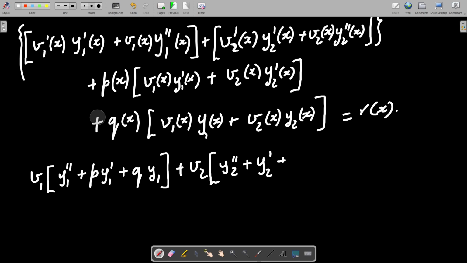y2 prime, sorry, here there's a p and q y2. Yeah, two terms have remained out, that is this term and this term. So let us write it down.